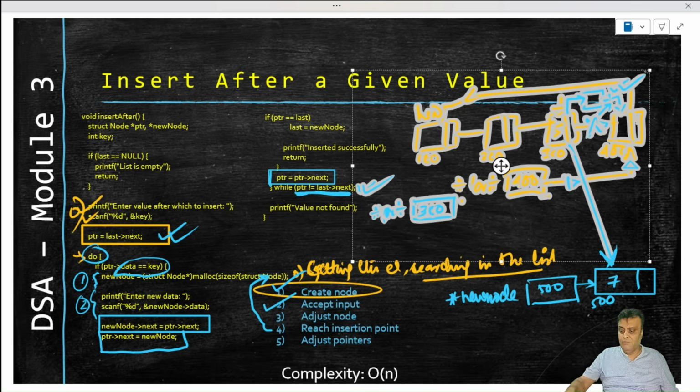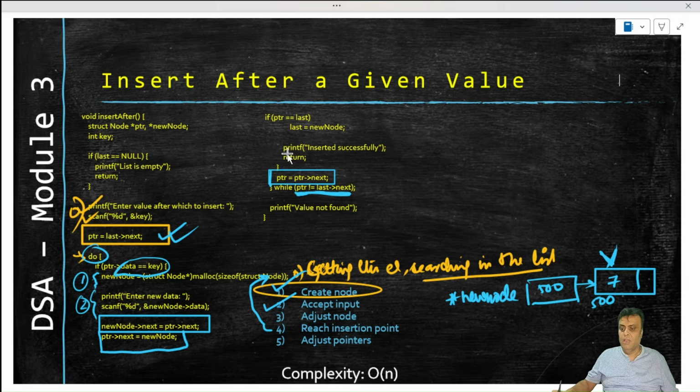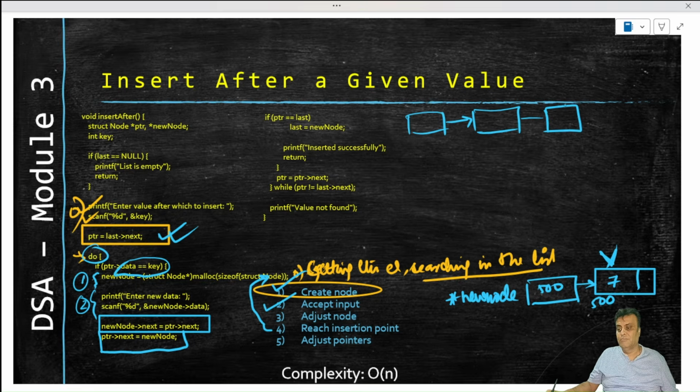But if the number of elements which we have to traverse is equal to the number of elements, which means that my element is at the last element. So this is how it looked. This is 100, 200, 300. My last was here, and the last was pointing to 300, right?